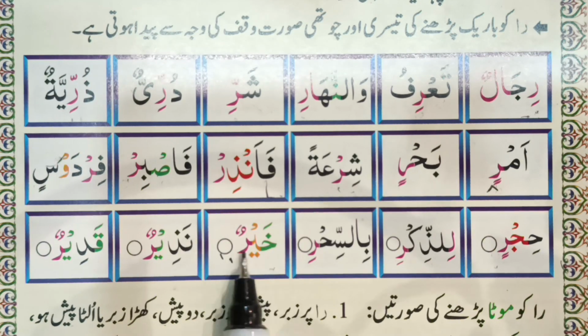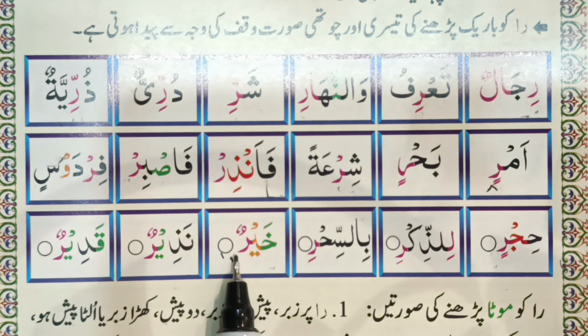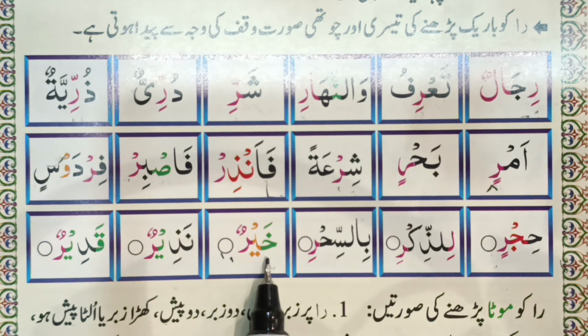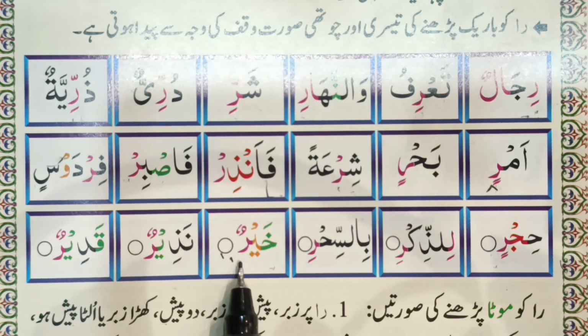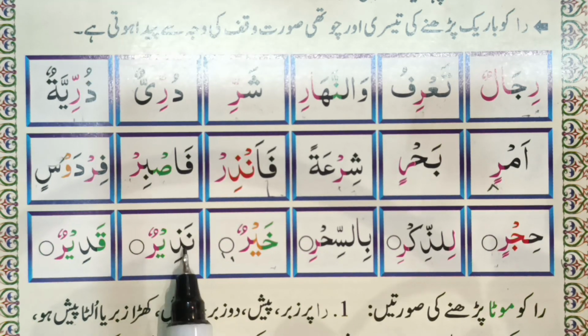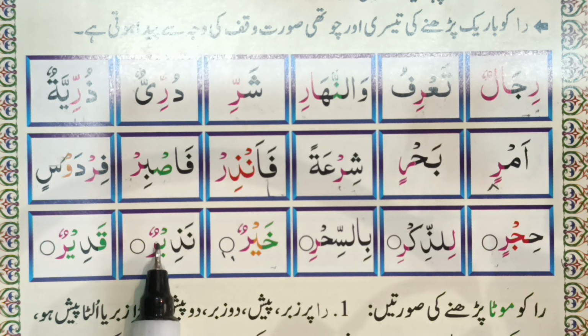Khair. If they pronounce it as khayr with a heavy sound, that would be the raa thick sound, but this is khayr, so this is a thin sound. Nadir. We are not looking at whether the letter before has zir under it. We are looking that ya has jazm on top and raa has jazm on top.